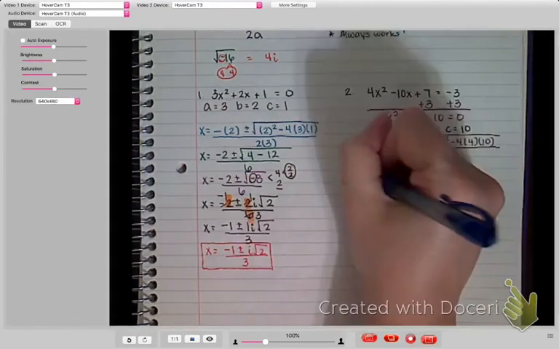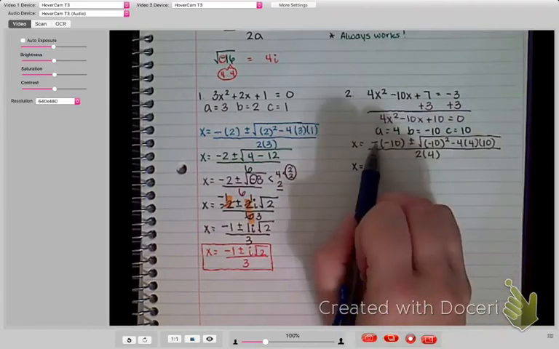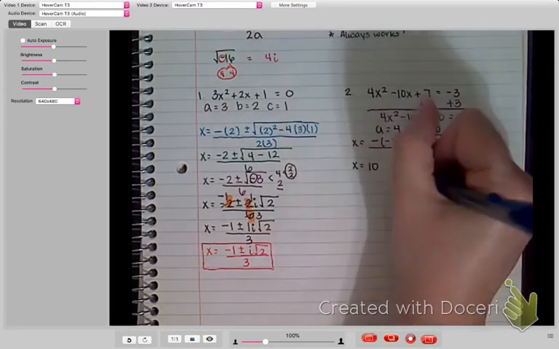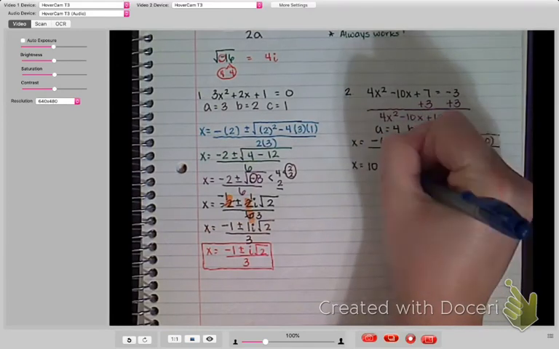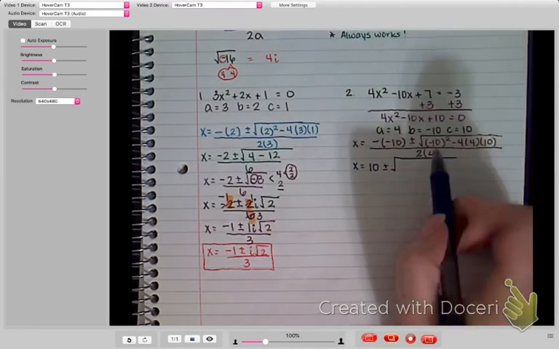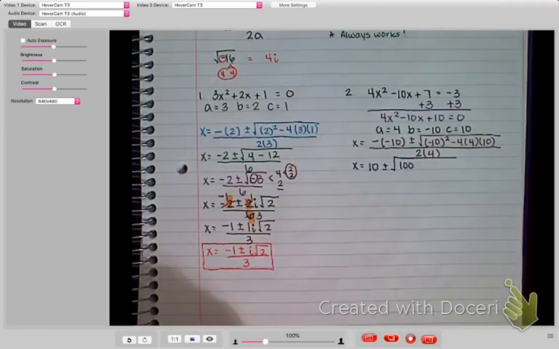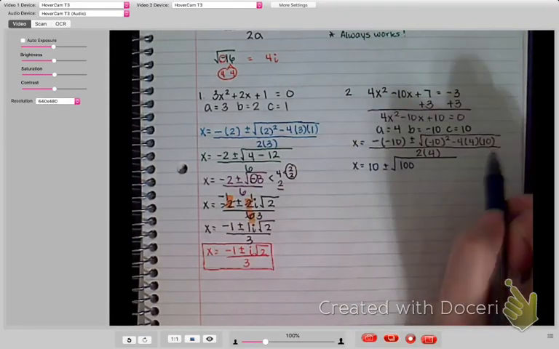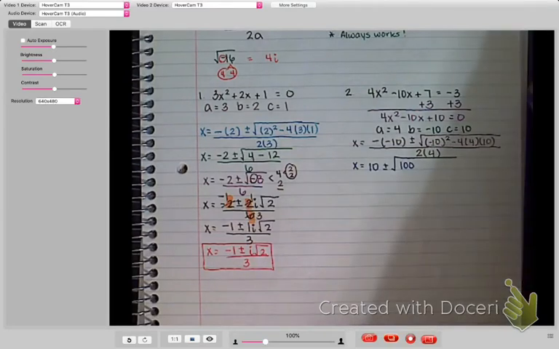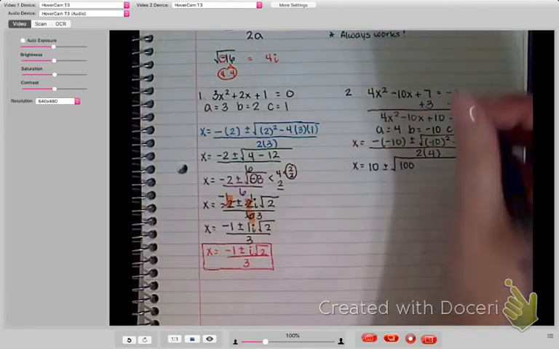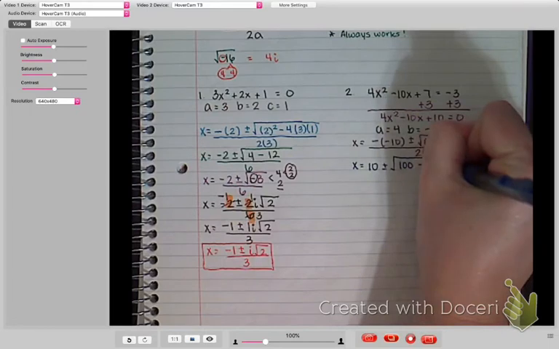All right, let's keep going. So a negative and a negative gives me a +10 now, plus or minus the square root. -10 squared is a +100. -4 times 4 is -16. -16 times 10 is a -160.